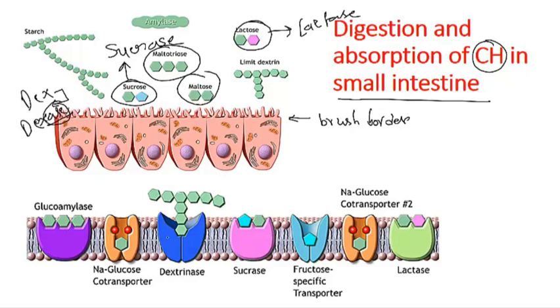In the secondary active transport, glucose and galactose are co-transported inside the cell together. Fructose enters the epithelial cell normally on its own via its own transporter. It's a fructose specific transporter, but glucose and galactose transfer at the same time at a specific region.